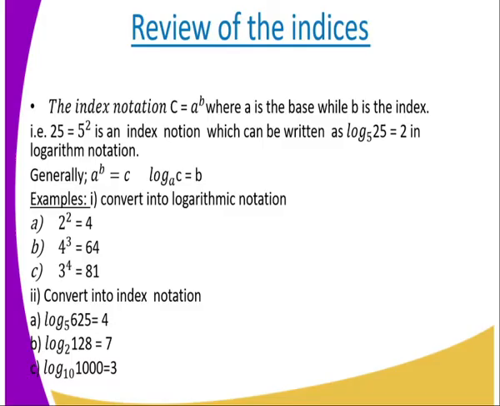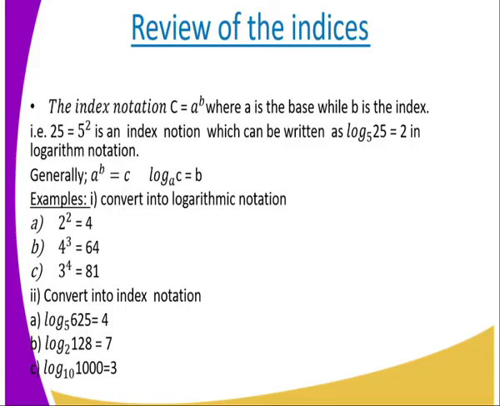Then the next one is to convert into index notation. You have log 5 625 is equals to 4, log 2 128 is equals to 7, and log 10 1000 is equals to 3. Into index notation, part A can be written as 5 raised to power 4 is equals to 625.